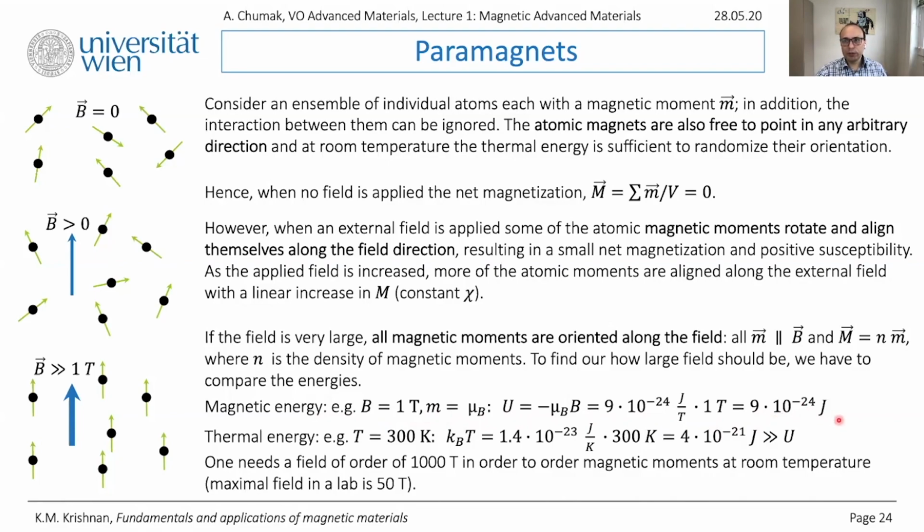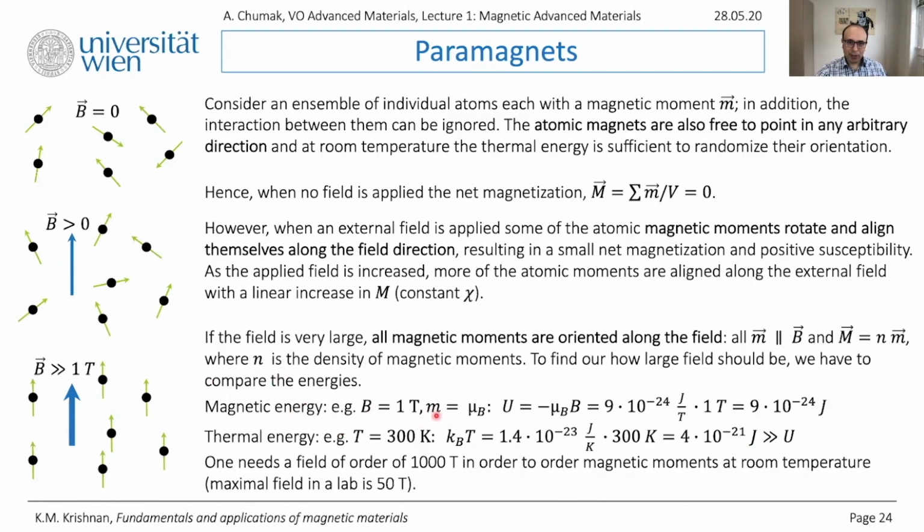Let us compare it to the thermal energy. We are speaking about room temperature, 300 Kelvin, k_B T. We get a value of 4 × 10⁻²¹ joule, which is around 3 orders of magnitude larger than the magnetic energy.